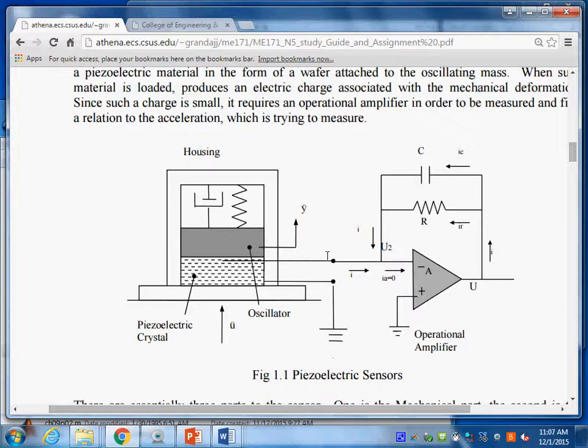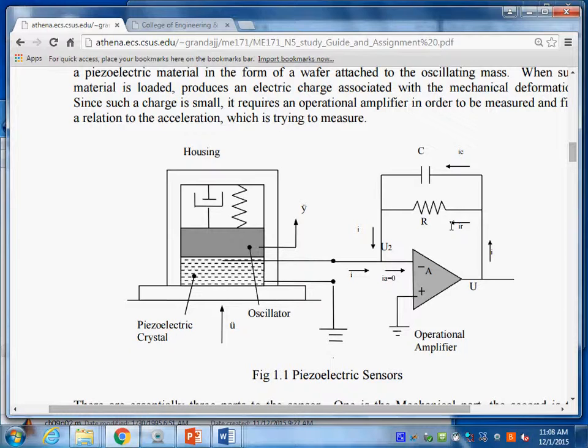Okay? And mechanical motion into voltage. And once you have it in here, this circuit is going to amplify the signal so we can read it. So this is a simple electromechanical system, but you could see it has all the ingredients of a mechatronic system because it has a mechanical side, a mechanical-electrical transformation side, and then an electrical side.